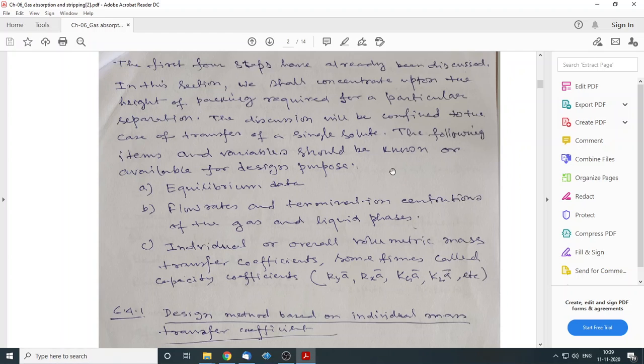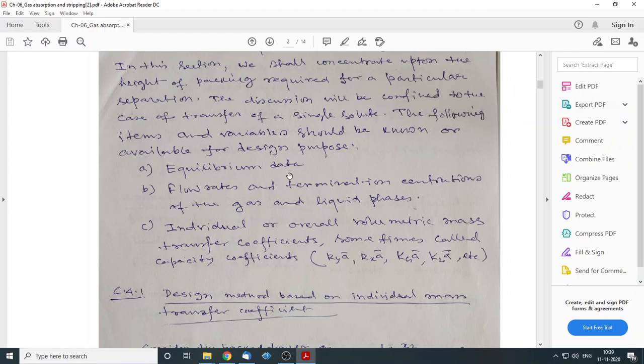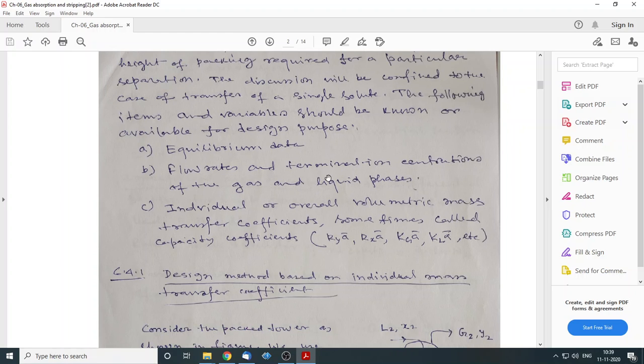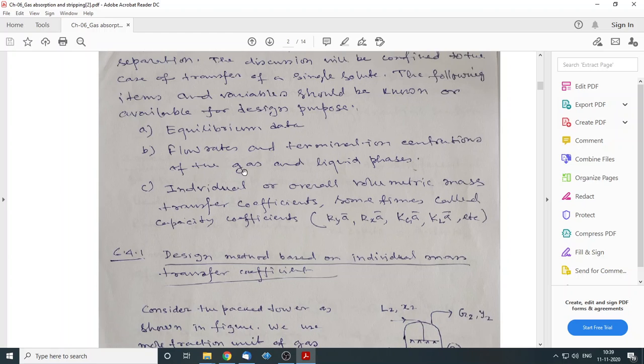For design, I need the equilibrium data for a particular system. Always I draw the equilibrium curve, which is required. Next, flow rates and terminal concentrations of gas and liquid phases will be given. Just as I told, for absorption the gas flow rate will be known as per the problem statement, and the inlet and exit concentrations will be known.